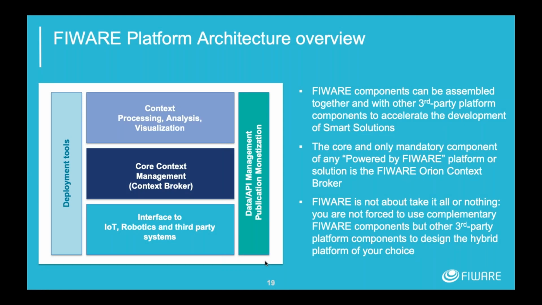So, this is the simple overview as to what the FIWARE platform looks like. It consists of normally 5 blocks, where you can get components from the different layers which can talk to each other. The only mandatory part is you must have a context broker.